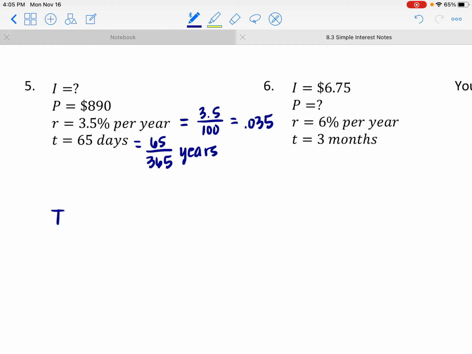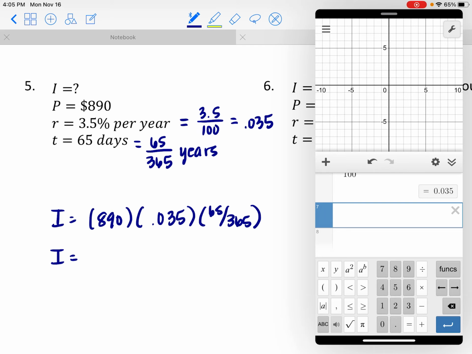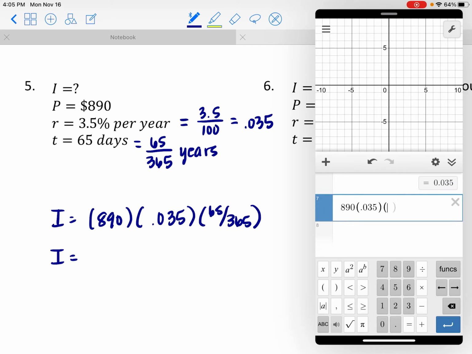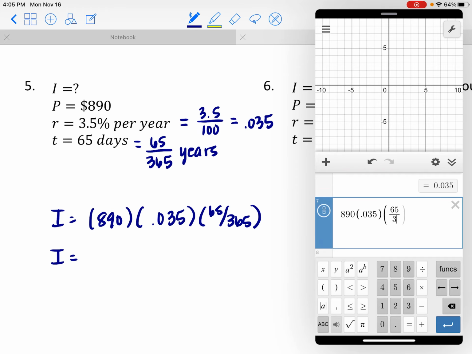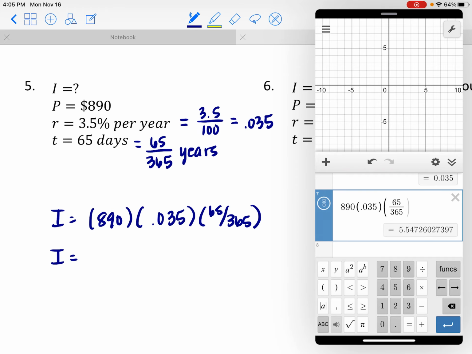All right, so I is going to equal principal of 890, rate at 0.035, time at 65 over 365, and now we go to the calculator. So 890, 0.035, and 65 out of 365. Again, totally okay not to reduce because it goes into the calculator anyway.